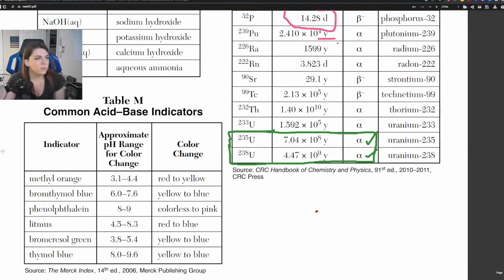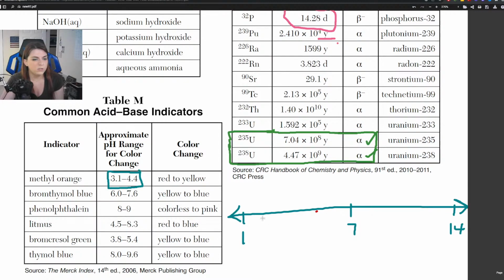If we look at methyl orange, let's just draw a pH scale. We'll put 1 over here and 14 over there, and we'll put 7. Because we're looking at methyl orange, I'm going to put these two numbers on the scale, 3.1 and 4.4. Then I need to put the colors on top of them.